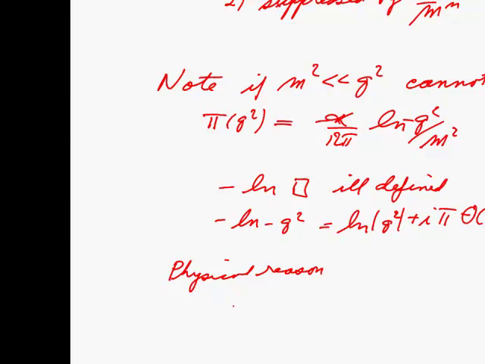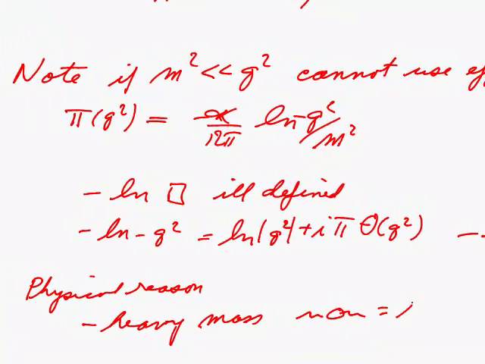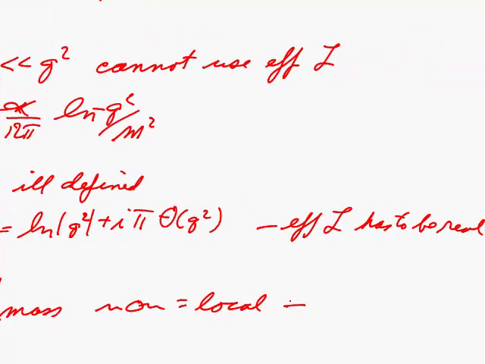There's a physical reason. The physical reason is that for the heavy mass, all the effects are local. So things like the vacuum polarization are local, meaning the heavy mass can't propagate very far, so you can write it in a Taylor expansion about the local point. And so that lets you write out a local effective Lagrangian.